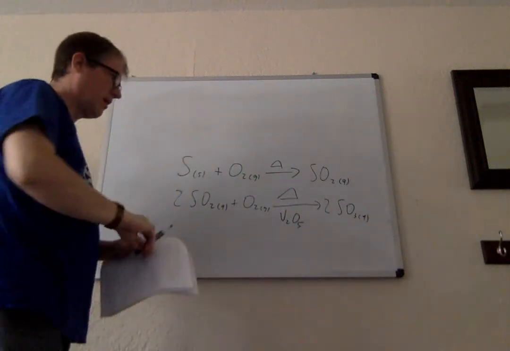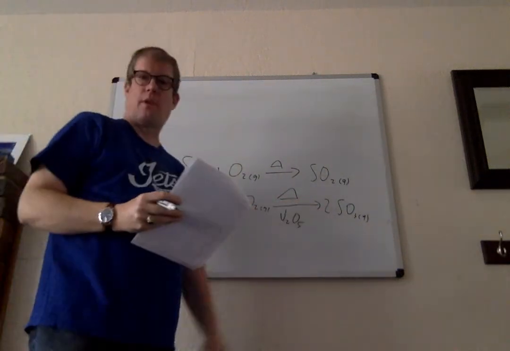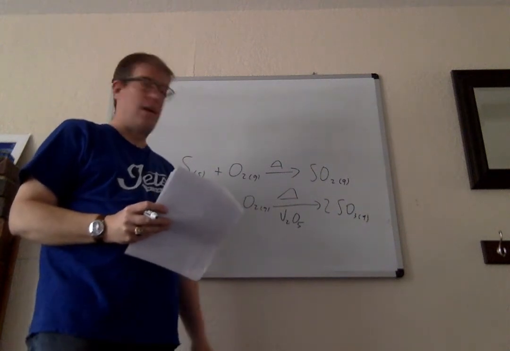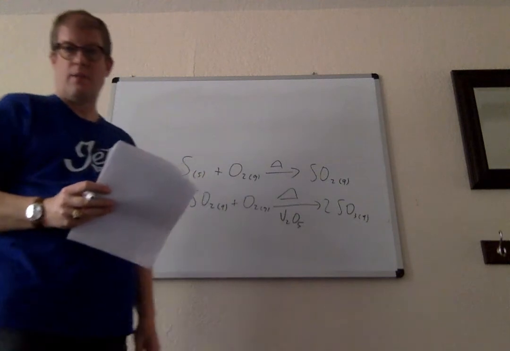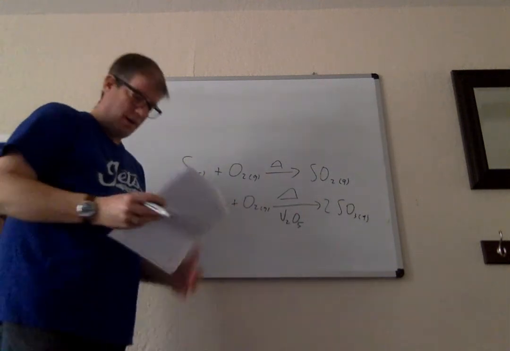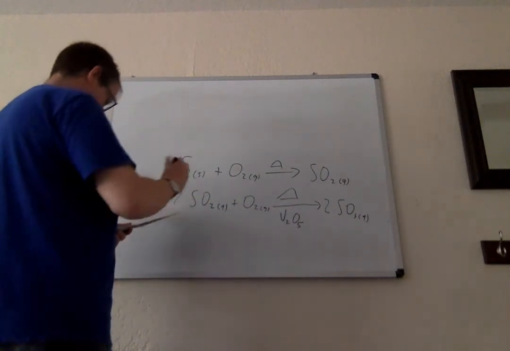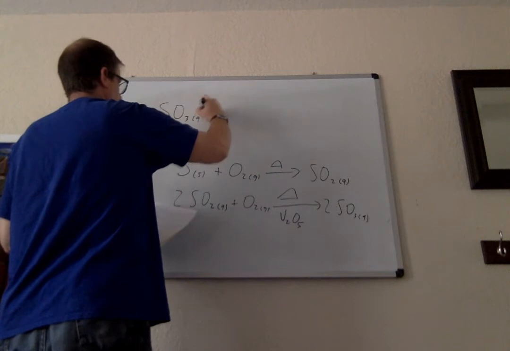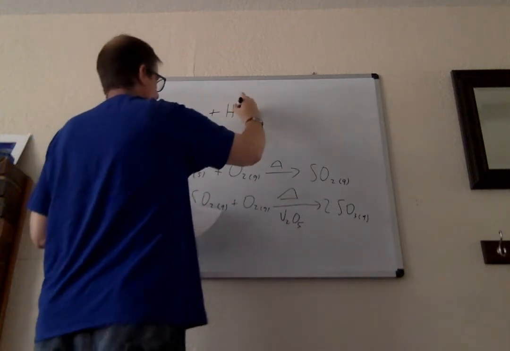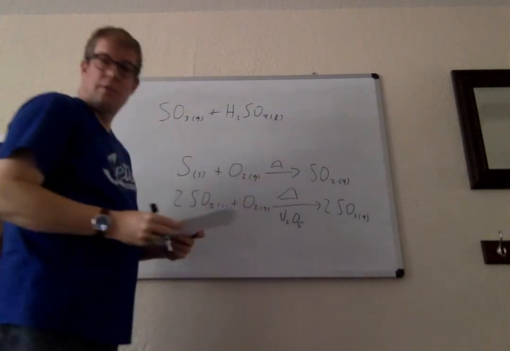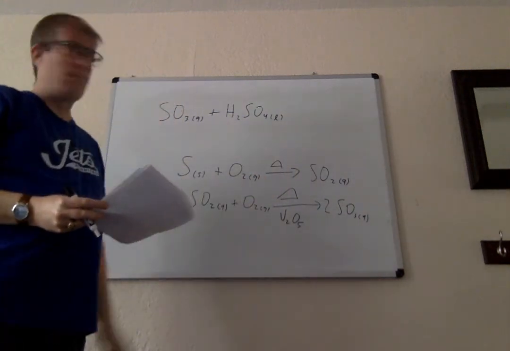Now you can take this and add it directly to water, and you'll get sulfuric acid out. The problem with that is that reaction is very exothermic. And if you're doing this on a large scale, you're not going to want to do that. So what happens is SO3 gas is combined not with sulfuric acid, but hydrogen sulfate.